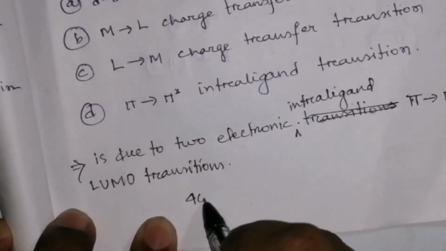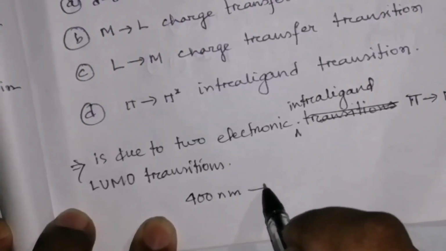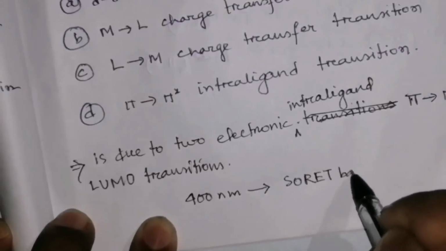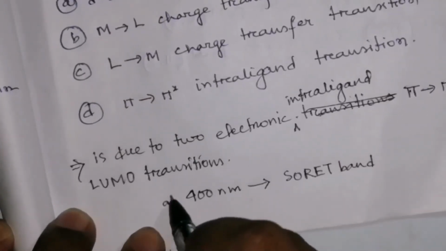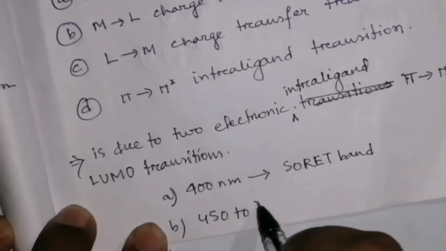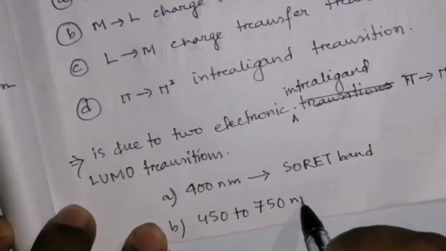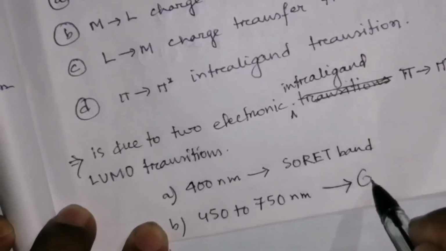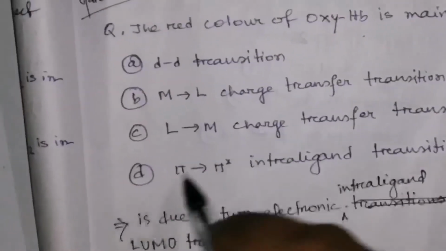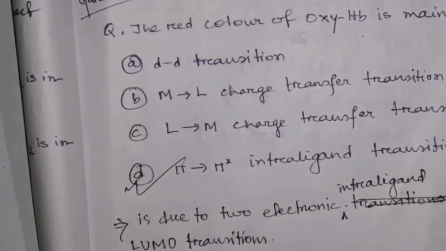We get a band at 400 nanometer, which is known as the Soret band, and we get one more band at 450 to 750 nanometer, which is known as the Q band. So our last option is the correct answer.